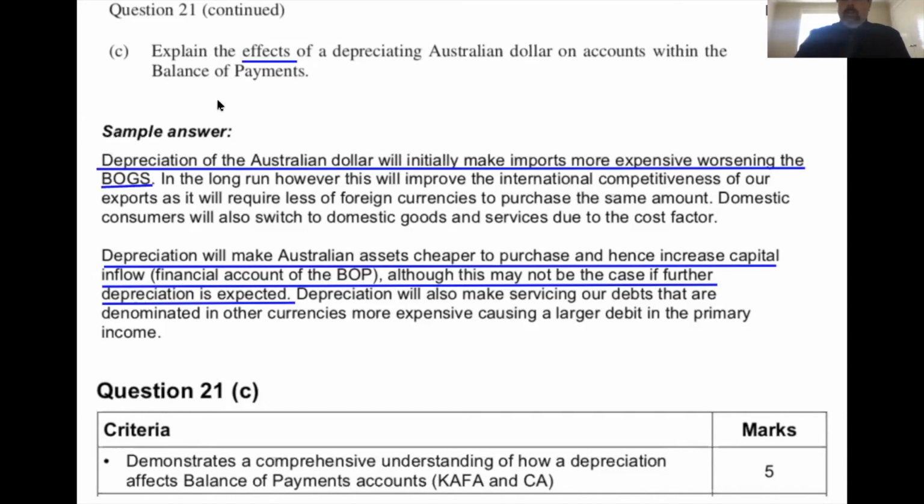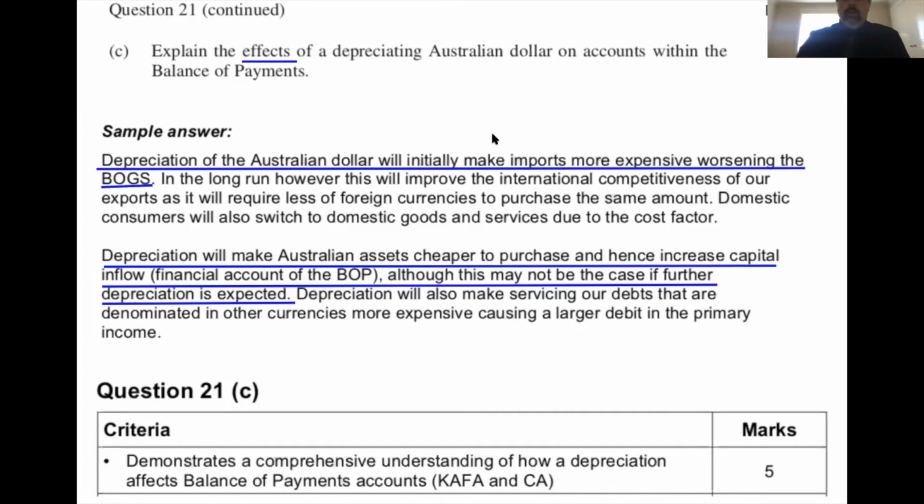So look at our sample answer, it's broken into two. And basically because we're looking at this depreciation on components of the balance of payments. So our first sentence answer is depreciation of the dollar will initially make imports more expensive, worsening the BOGS, the balance of goods and services.